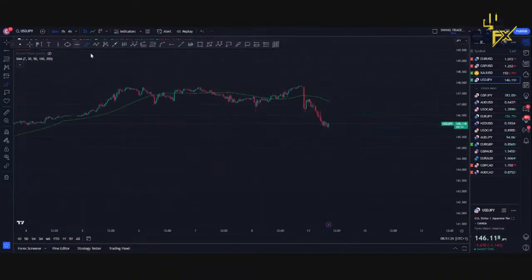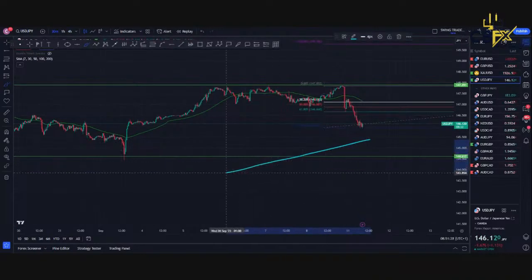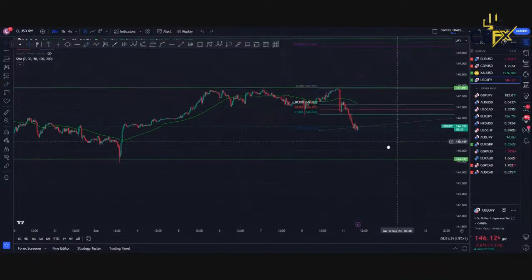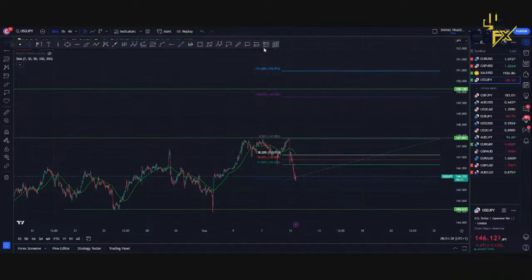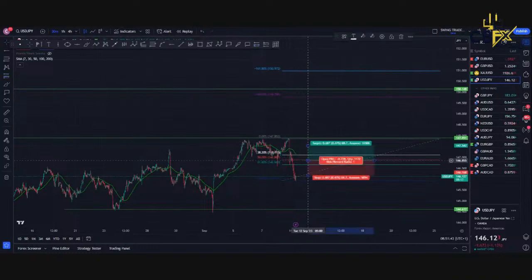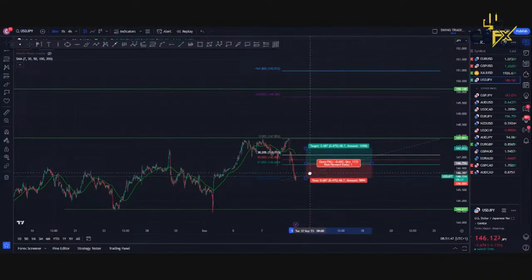If we go to the 30 minutes time frame, we're expecting price to rally back up. And then I'm looking for an opportunity to buy, to long from this price zone. This is a little bit too far, but it's okay.